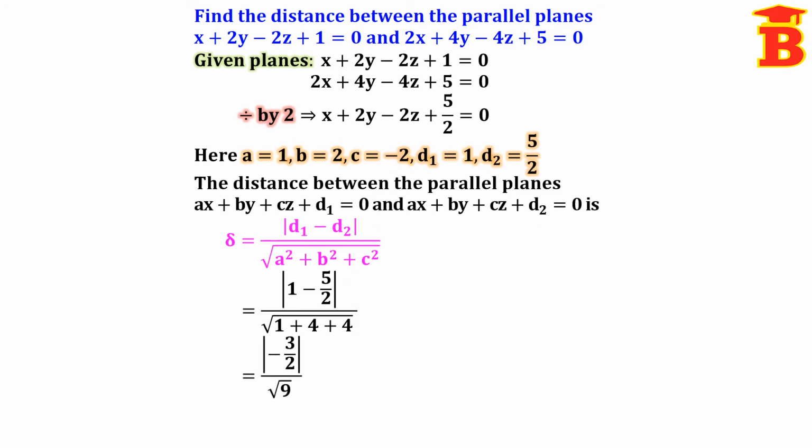This is equal to, taking LCM, modulus of minus 3 by 2, divided by denominator root of 9. Taking modulus, we can remove the minus sign, so we get 3 by 2 divided by root 9 is 3. So this 3 cancelled, so we get the answer equal to 1 by 2 units.